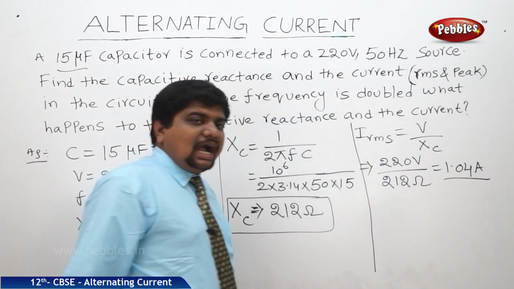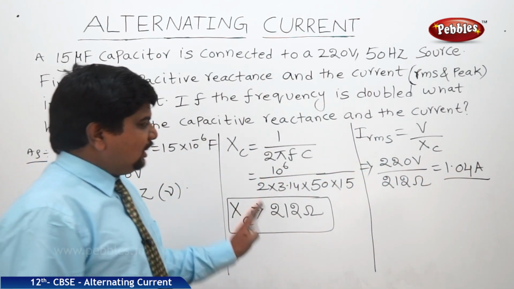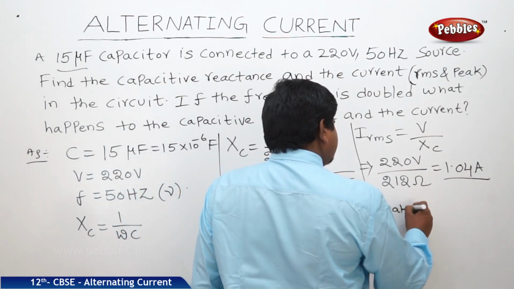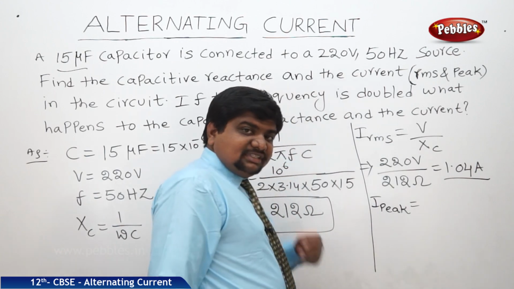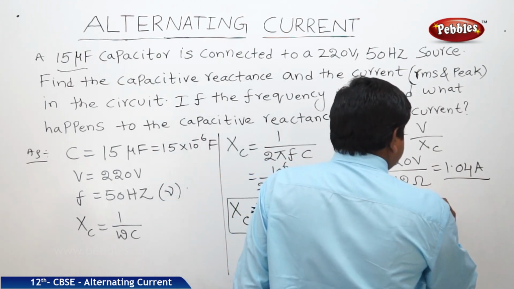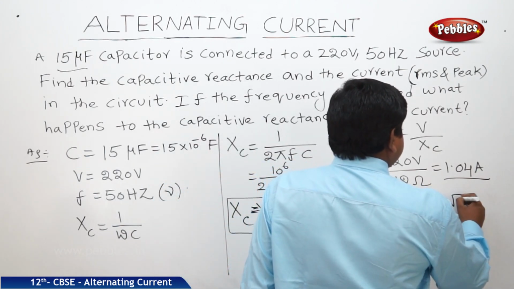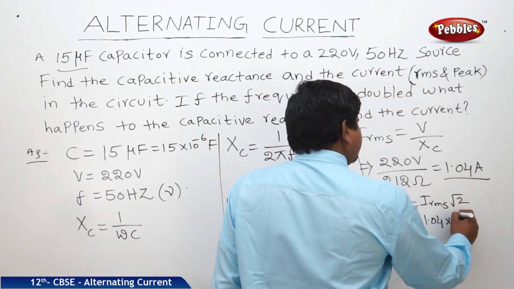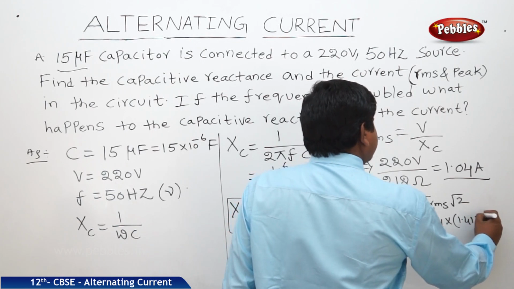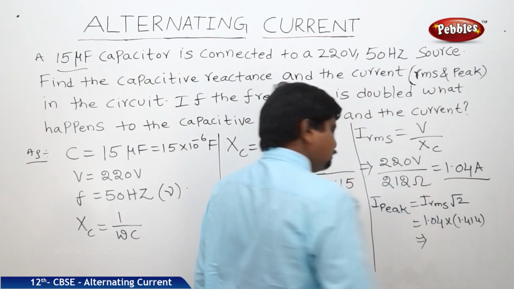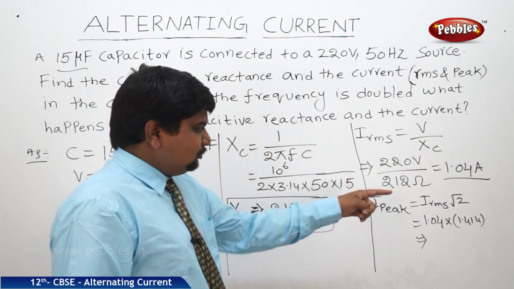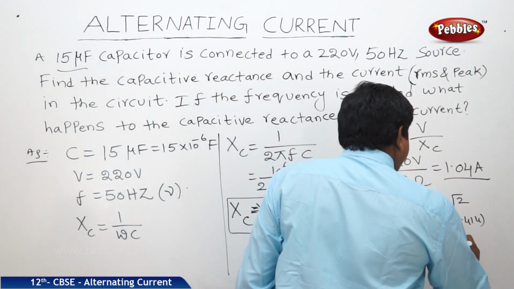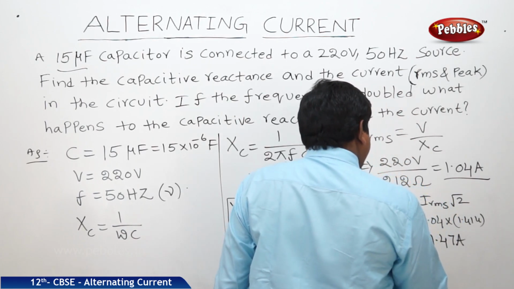This is the RMS current. What is the peak current? I peak is IRMS into root 2. Already we got IRMS as 1.04, root 2 is 1.414. So when you multiply 1.414 into 1.04, we get 1.47 amperes. This is I peak.